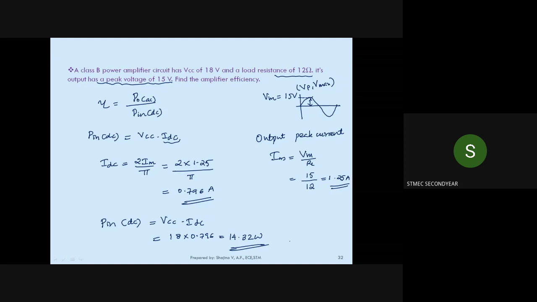And now you have to find the AC output power, P out AC. P out AC means it is VRMS into IRMS, right? We know I is equal to V by R, so I am taking VRMS into IRMS divided by RL.